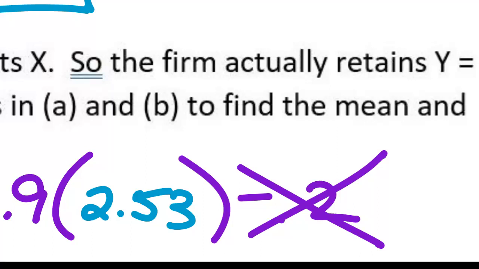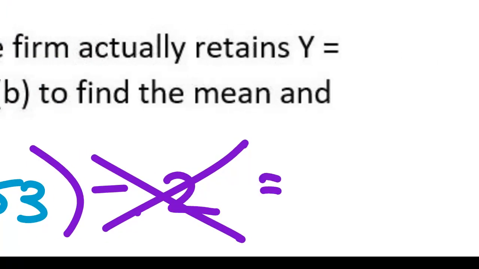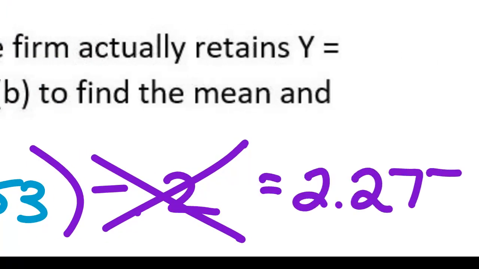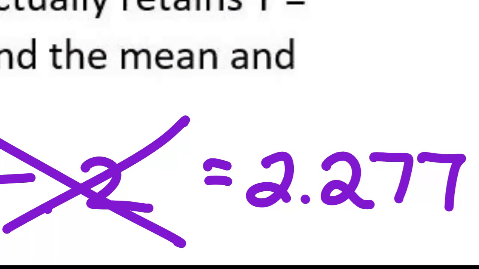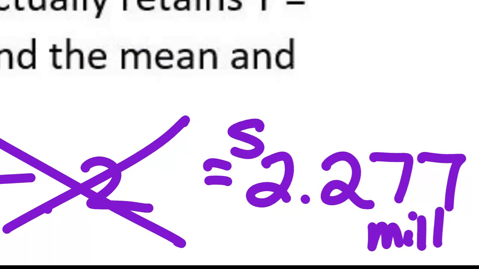So I'm taking this equation right here. We're doing the 0.9 because we multiply and divide for our standard deviation when we have a transformation. But we do not add and subtract on the standard deviation. My standard deviation is not going to become wider or narrower for a plus or minus. It's just going to shift. I got 2.277 million dollars.